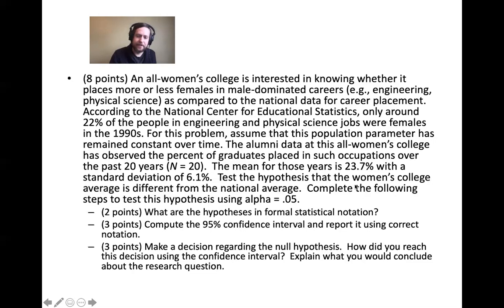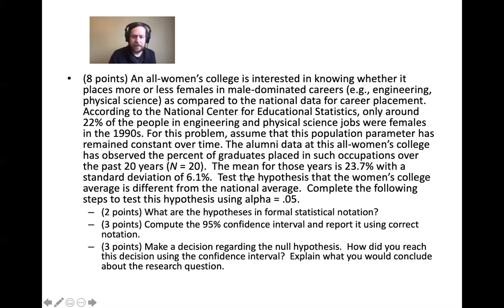We want to test the hypothesis that the amount of women in these male-dominated occupations has changed over the last 20 years compared to the 1990s. I want to point out, it says test the hypothesis that the women's college average is different from the national average. The way this is worded implies a two-tailed test because it's not directional.